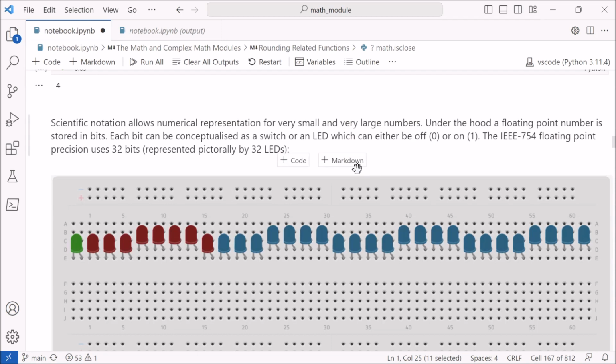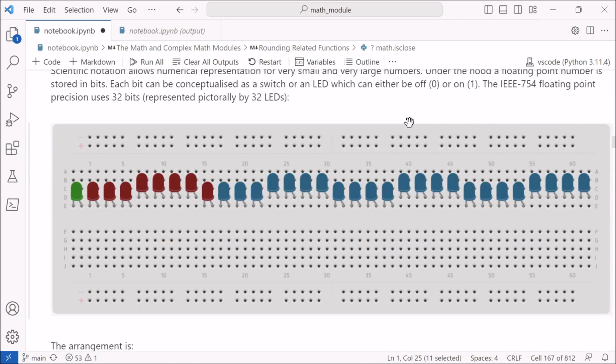Now under the hood, a floating point number is stored in bits. Each bit can be either off or on, and therefore represented pictorially using an LED. And typically we use the IEEE 754 floating point precision, which uses 32 bits.